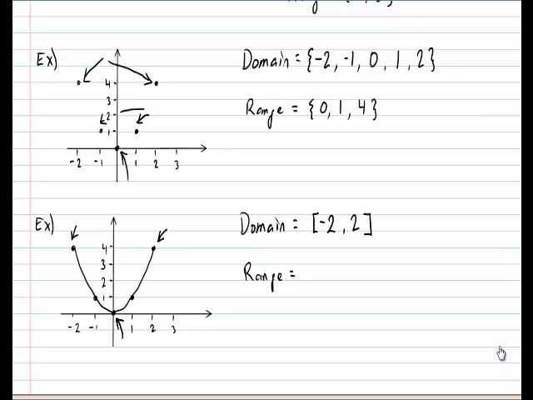There's no gaps in between. That means that our range goes all the way from 0 all the way up to the highest point, which is 4, and it includes everything in between. It's a big difference when the points are connected with lines or curved segments.